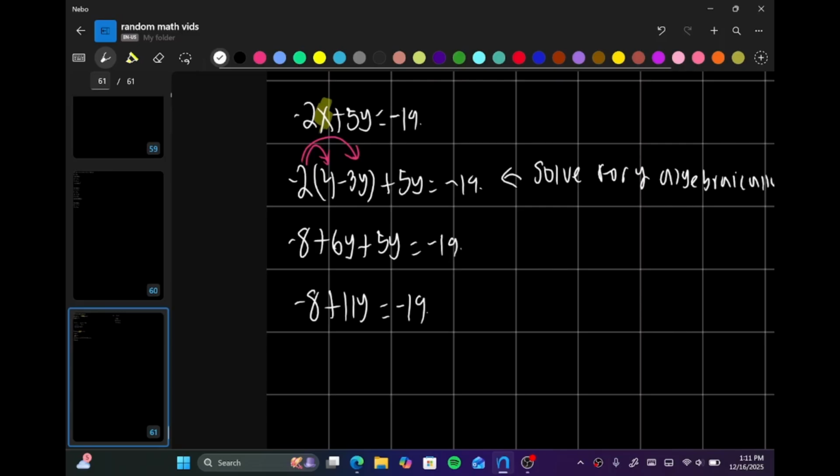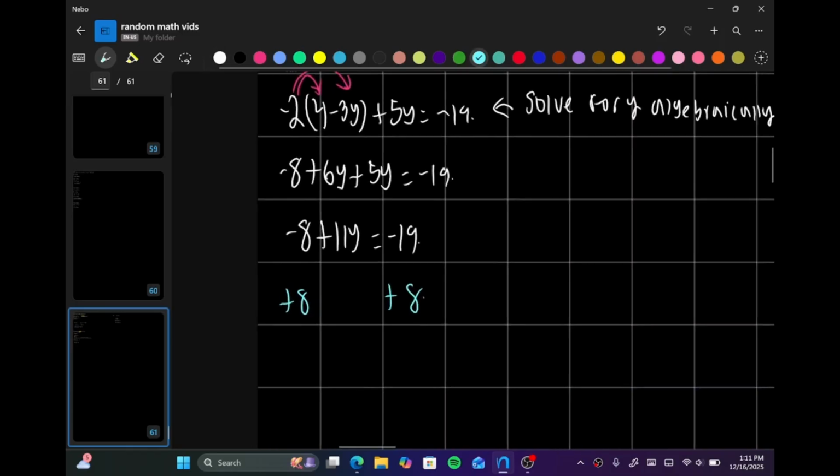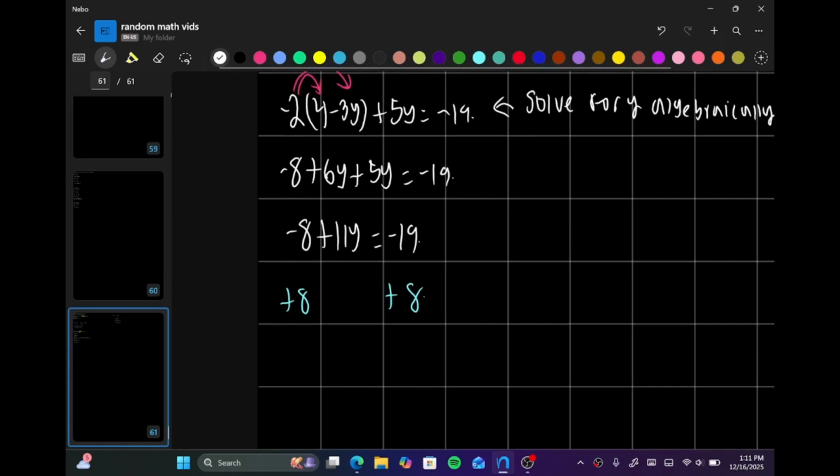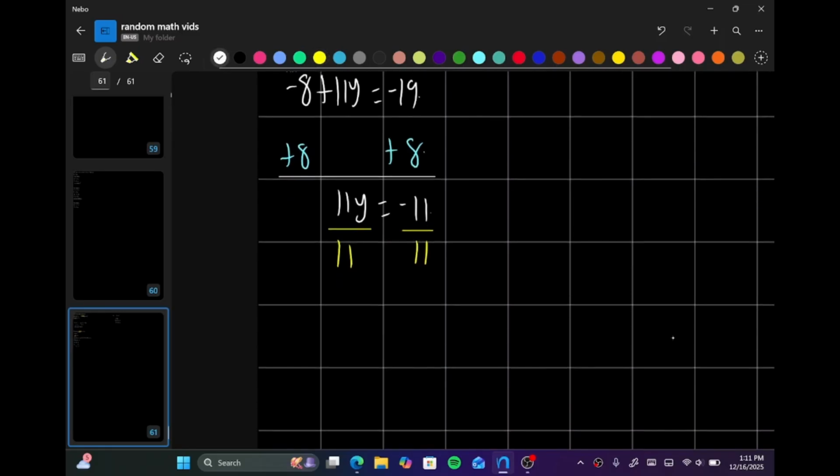We're going to add 8 to both sides, and then we have 11y equals negative 11. Then we're going to divide both sides by 11, and we have y equals negative 1.